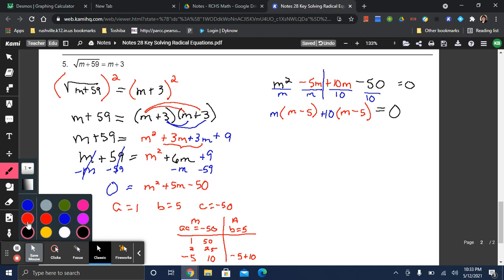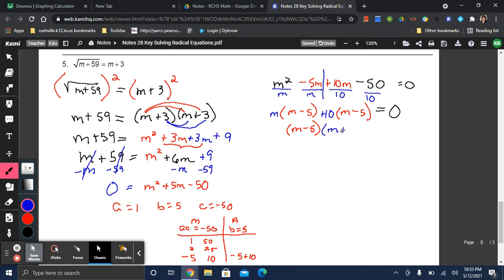So we get our two parentheses, m minus 5 and m plus 10. And we'll set each parentheses equal to 0. So starting with m minus 5, letting that equal 0, and then m plus 10, and letting that equal 0.